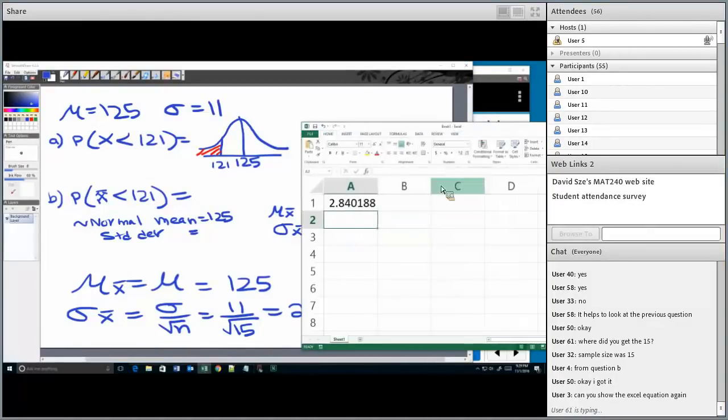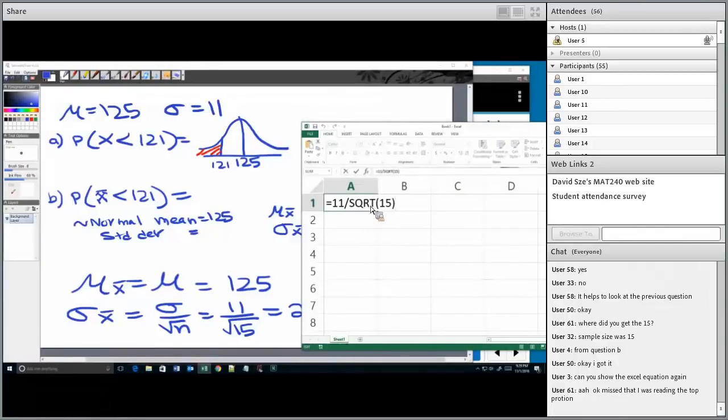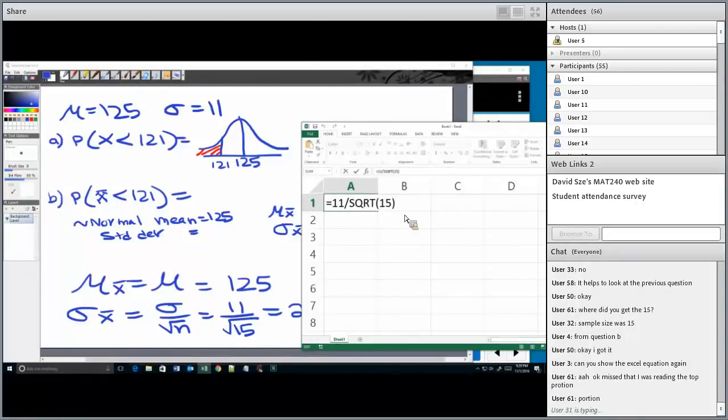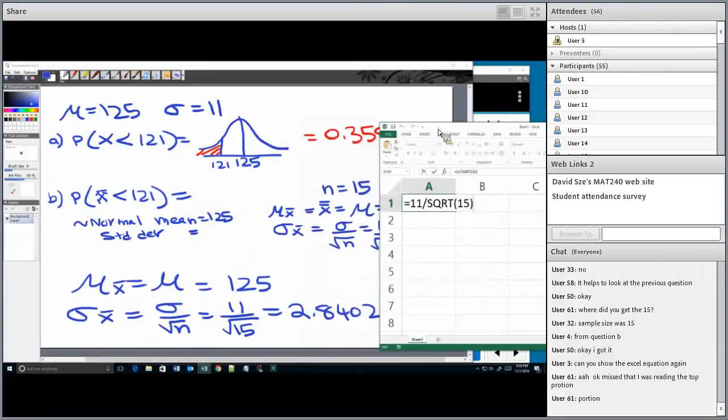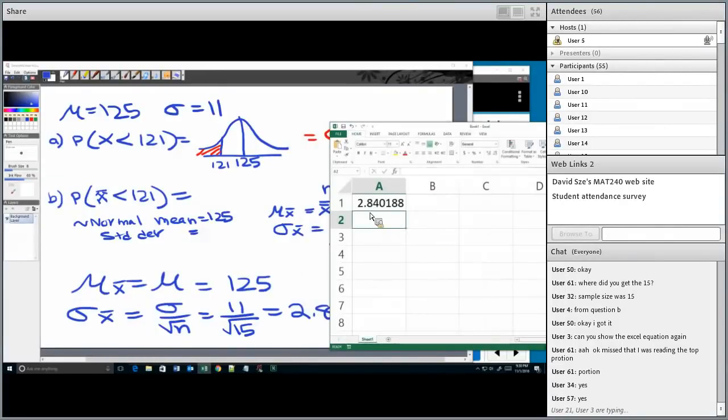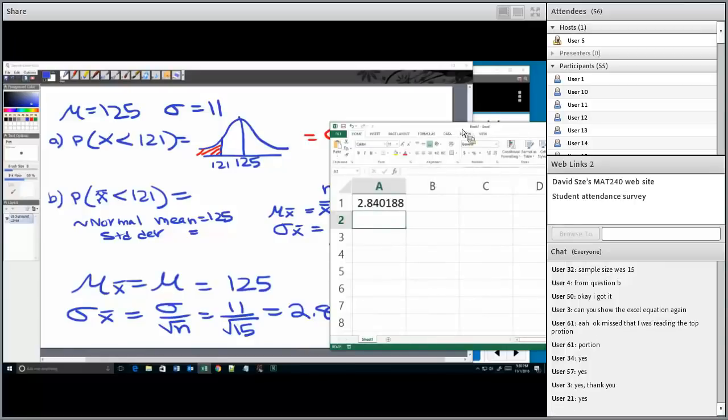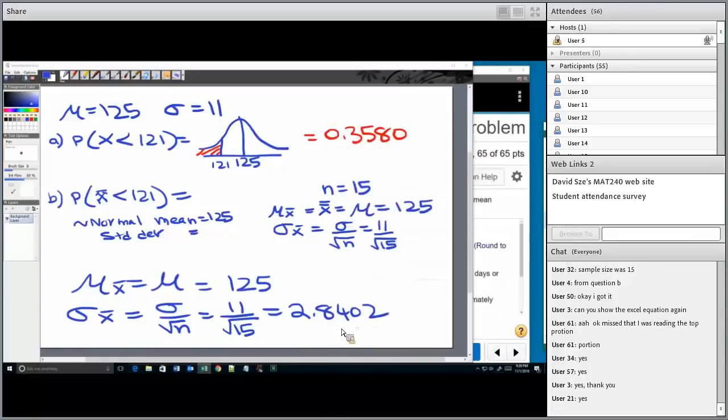Here's the Excel equation. I said 11 divided by SQRT, which is a function in Excel that calculates the square root, SQRT of 15. Okay. Does that make sense? So the answer came out to be 2.840188. So it's approximately 2.84.